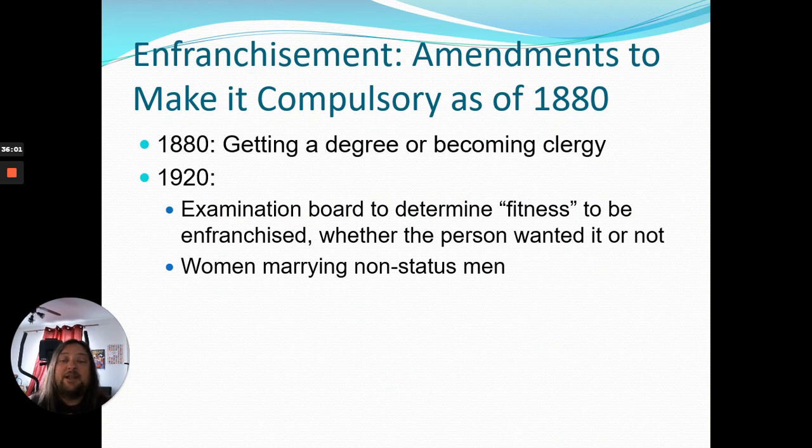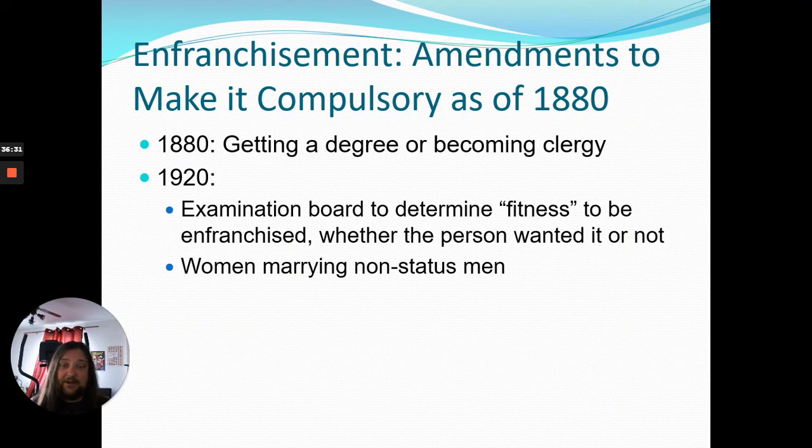In 1920, they had more amendments, so they would have these examination boards, again, all non-First Nations people, who would pick people out and judge them to see whether they were fit to be enfranchised, again according to Euro-Canadian standards. And even if the person didn't want it, they would become enfranchised if that examination board judged that they should be. Again, we talked about this earlier.